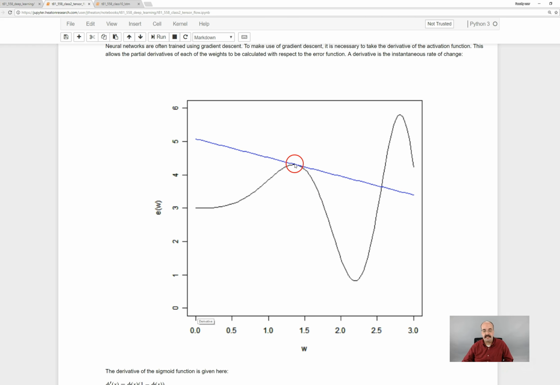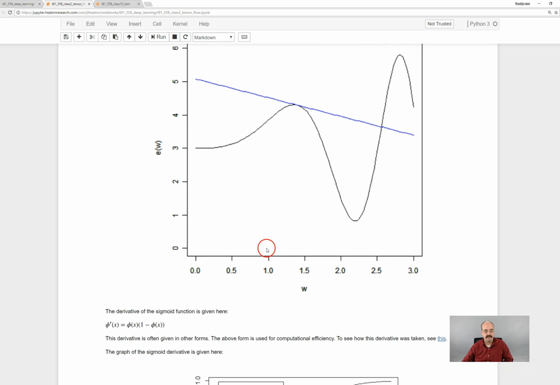If you want to go in this direction and you've got a negatively sloped gradient, you have to add to the weight. So you'll usually see that negative sign in the update rule that basically flips that around and causes you to descend. That's why this is called gradient descent. We're trying to descend to a lower error value.